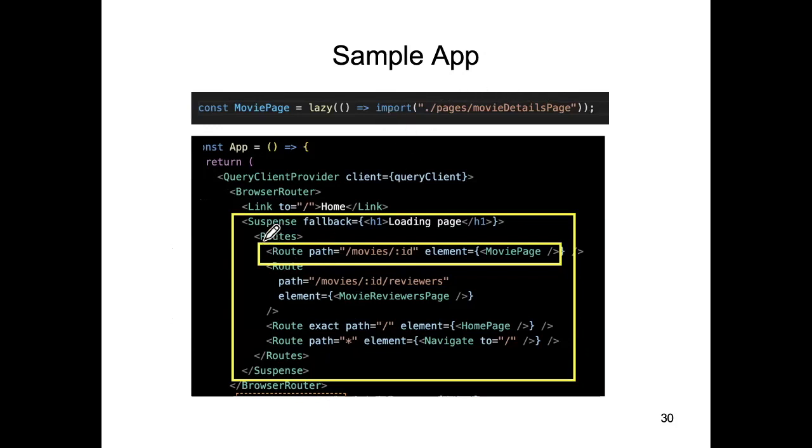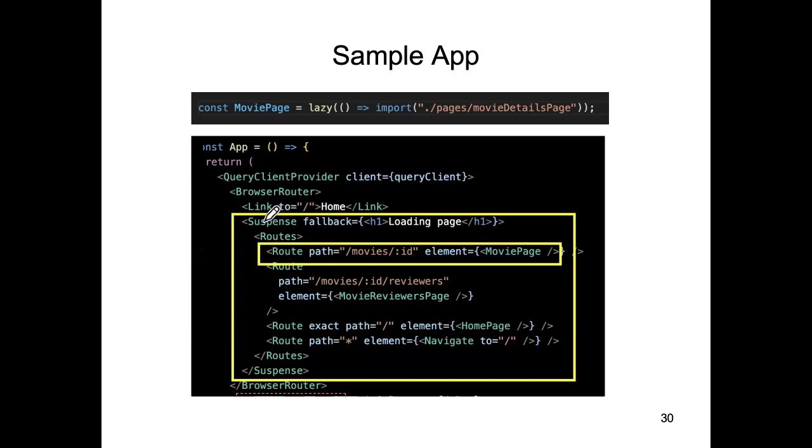And then in my routing configuration, I refer to the movie details page in the normal way in a route entry, but notice all of my routes are wrapped inside a router, and I'm using my suspense component to wrap all of the routes. And this is what I was talking about earlier on. You can have the suspense component wrap multiple components.